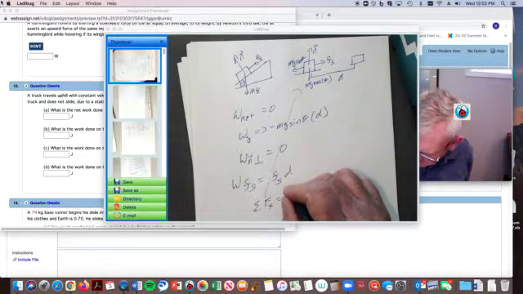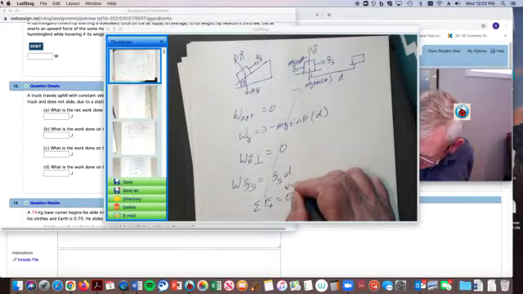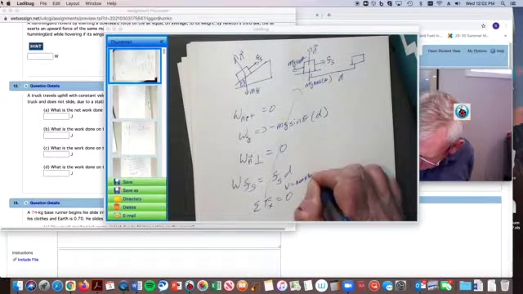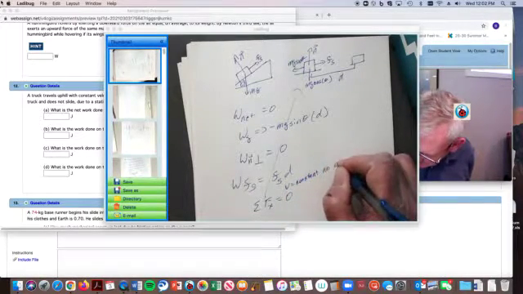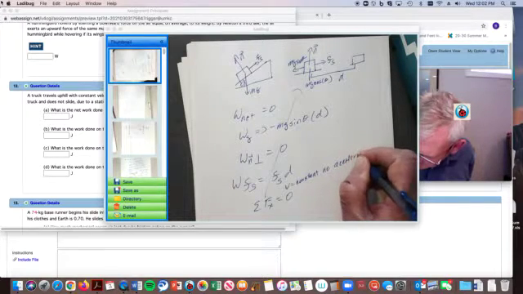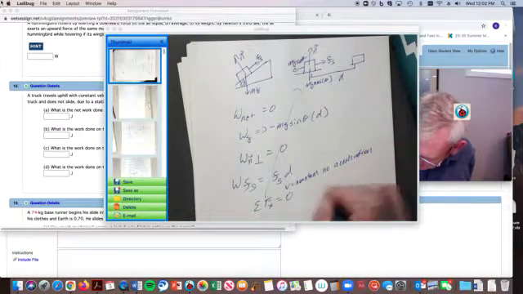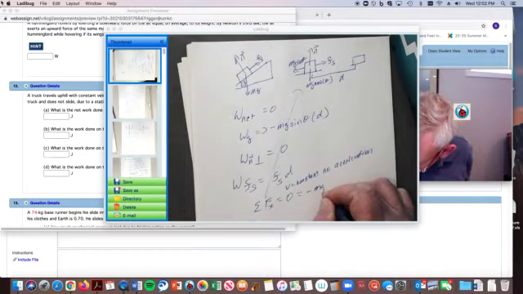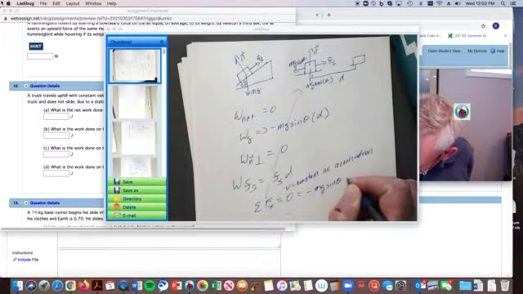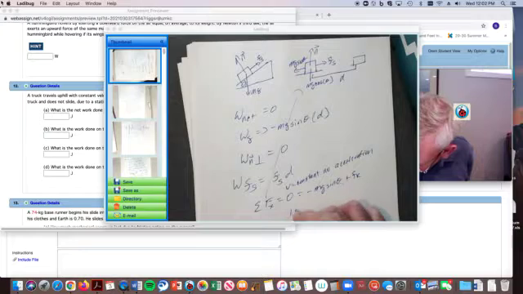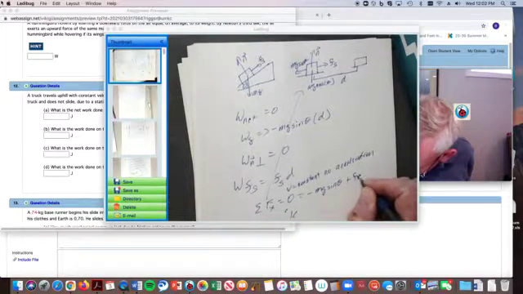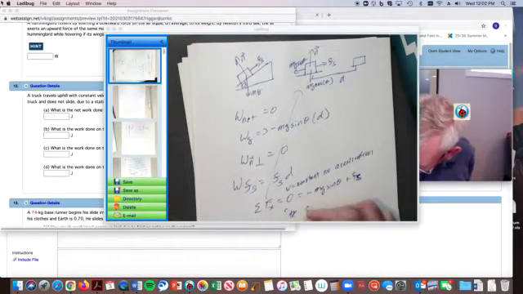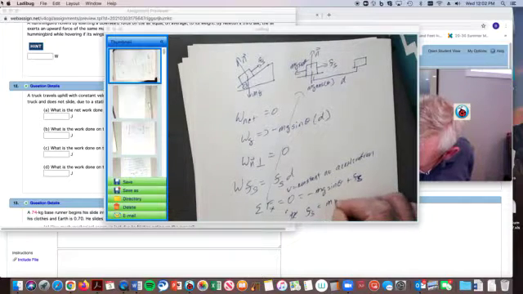Why? Velocity is constant, no acceleration. So I've got minus mg sine theta plus f of k. Man, I'm so used to writing that. F of s, the static frictional force, is equal to mg sine theta.